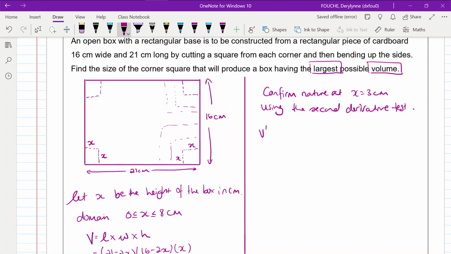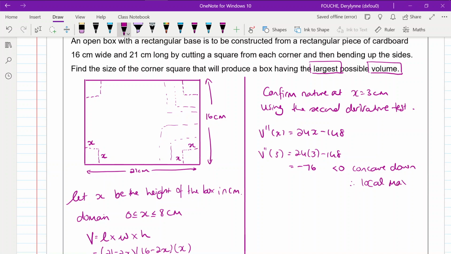Our second derivative is 24x minus 148, and when x equals 3 that is 24 times 3 minus 148. That's negative 76, and that's what we want, because if it's negative, it means it is concave down. Therefore, it is a local maximum.